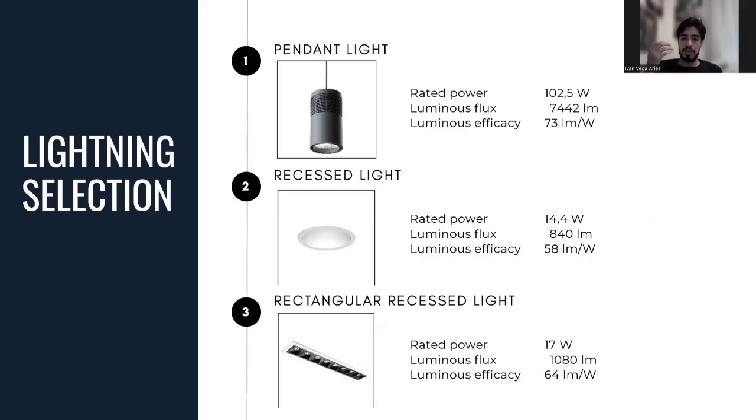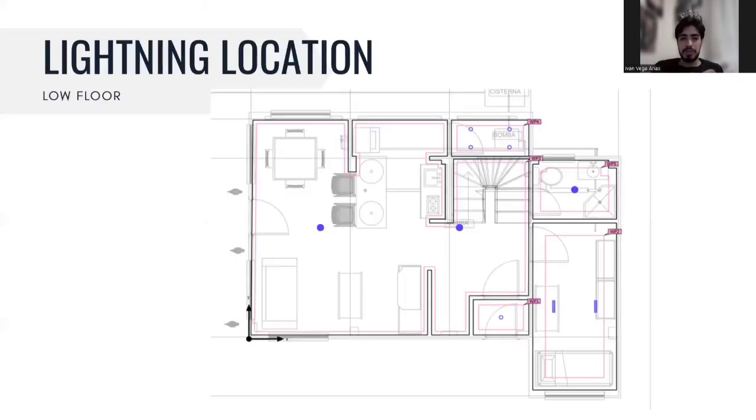But as we will see, the way the pendant light focuses the light is a problem, because it focuses it on a smaller area than the other lights we will use.